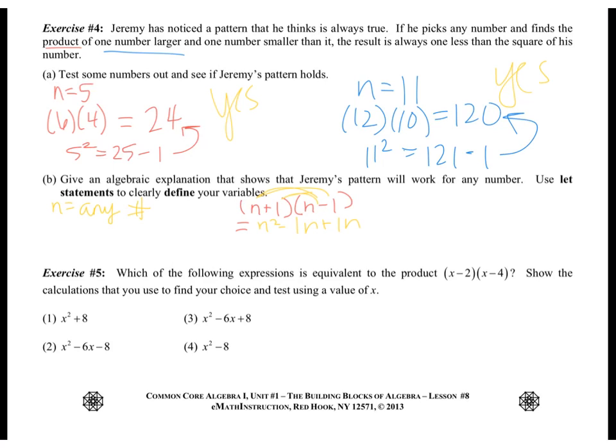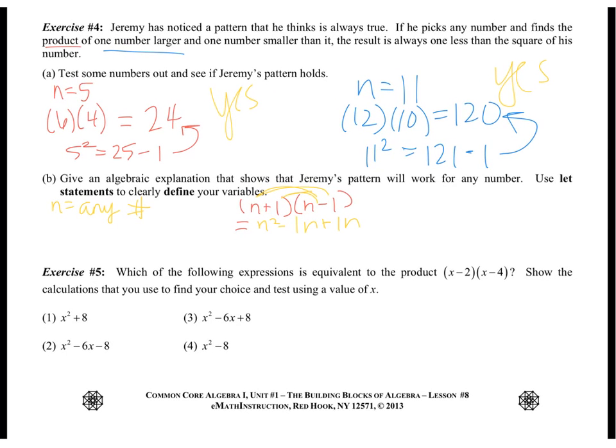So n squared minus 1n plus 1n, and then we have positive 1 times negative 1 equals negative 1. So if I combine those like terms, I end up with n squared minus 1. So is it true that when I multiply one number larger and one number smaller, the result will be one less than the original number squared? Yes. So that is why.